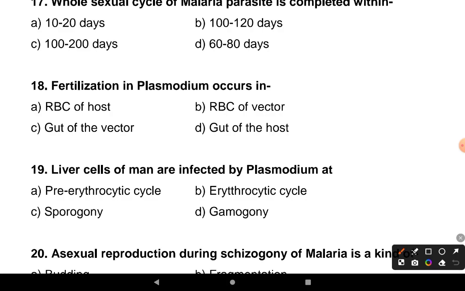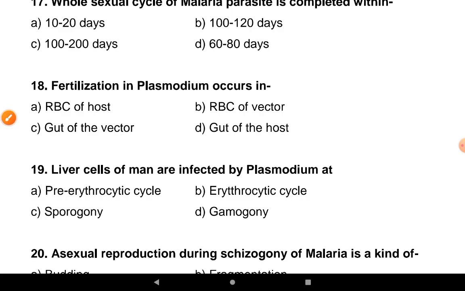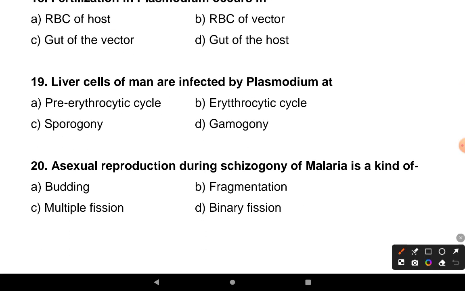Our next question is: fertilization in Plasmodium occurs in RBC of host, RBC of vector, gut of the vector, gut of the host. Our correct answer is option C. Fertilization in Plasmodium occurs in the gut of the vector, that is mosquito. Our next question is: liver cells of man are infected by Plasmodium at pre-erythrocytic cycle, erythrocytic cycle, sporogony, gamogony.